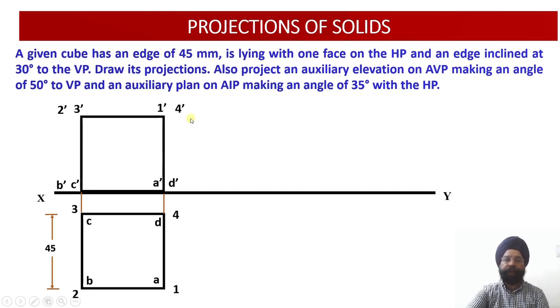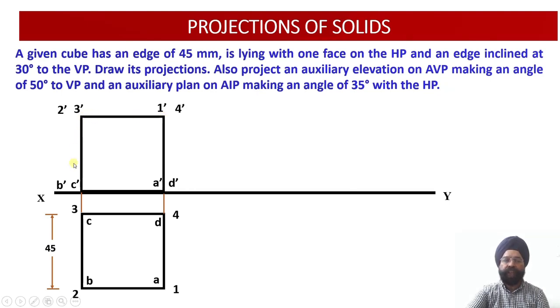Similarly, for the top face, once we are looking from the front, 1 dash, 4 dash are the projectors obtained corresponding to the top face of this cube. Similarly, 2 dash and 3 dash are the projectors of this top view edge over here, right? So once we draw it from the front side, the projectors of the top face are obtained onto the vertical plane.